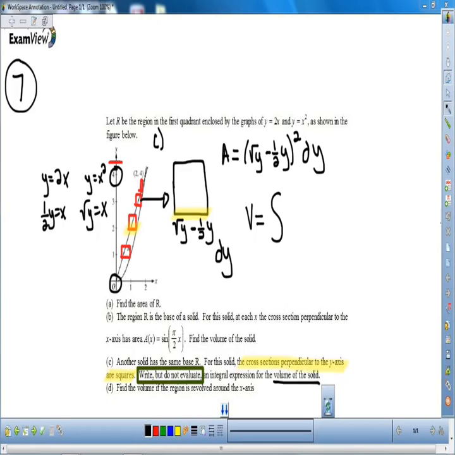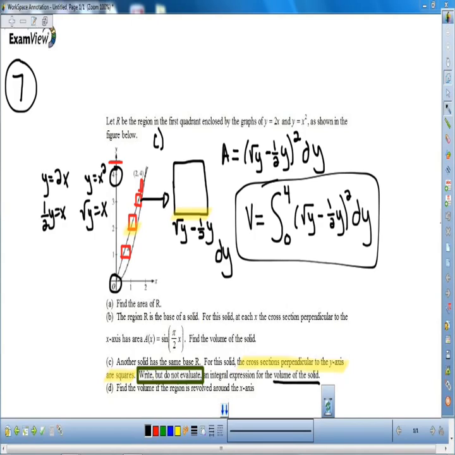Notice that I'm going from 0 to 4 this time instead of 0 to 2 because it's the y-axis. And the problem says to write but don't evaluate, so this would be in the non-calculator portion of a test.